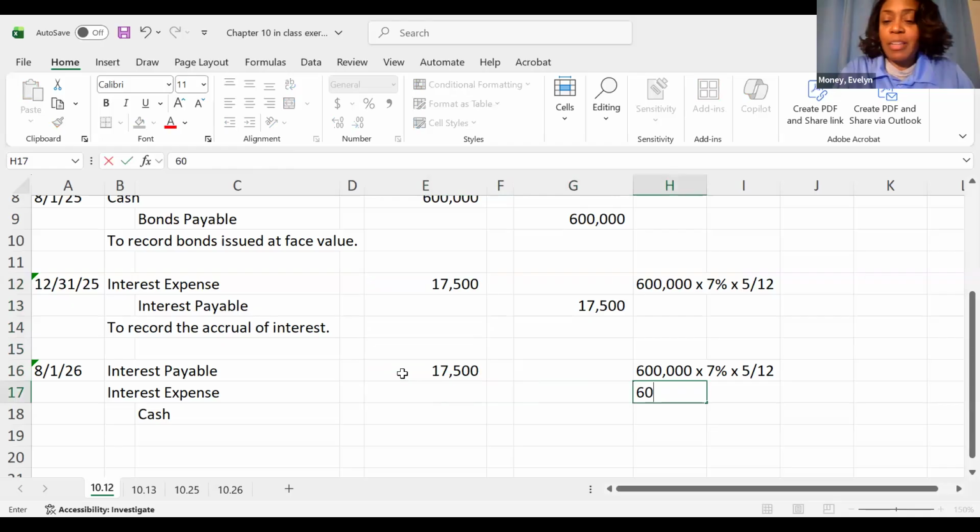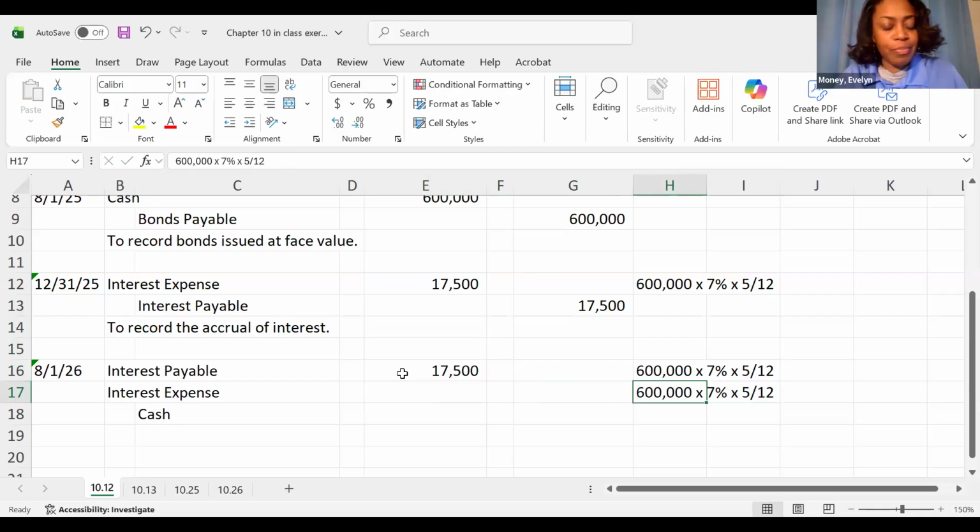Now for interest expense, I'm going to take the 600,000 and multiply it times 7% again. But this time, instead of 5, I'm counting from January through July. And make sure you count all of July. That's why we get 7 months.